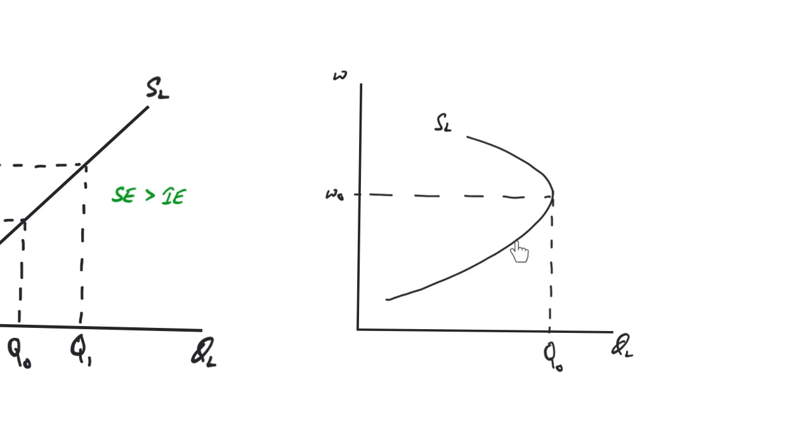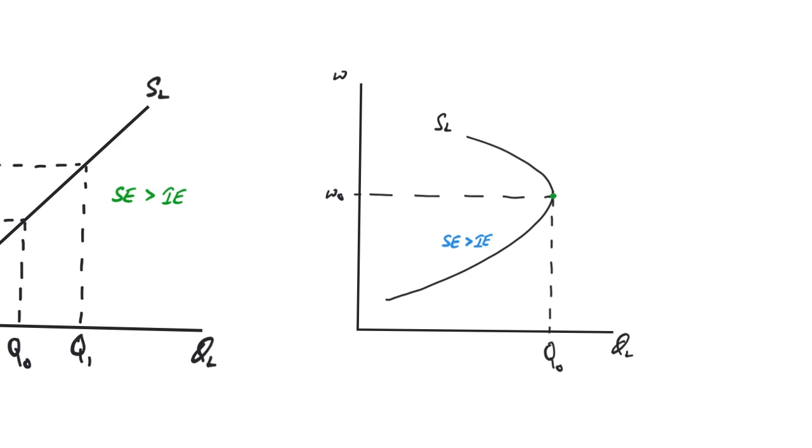So you had a more positive effect than negative. Why? Because the quantity is increasing. So we can say over here that substitution effect is greater than income effect. That's why there is more quantity supplied for labor.